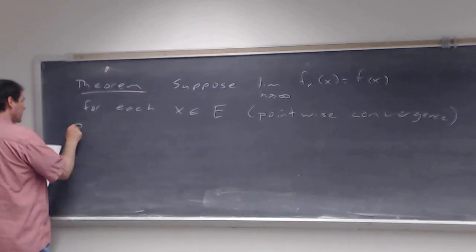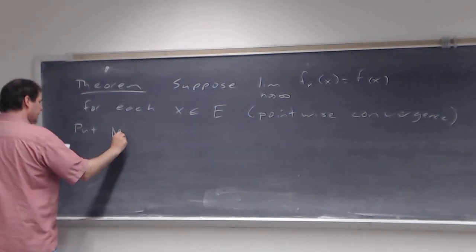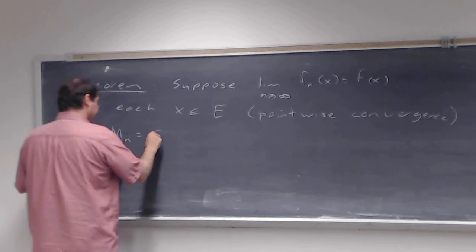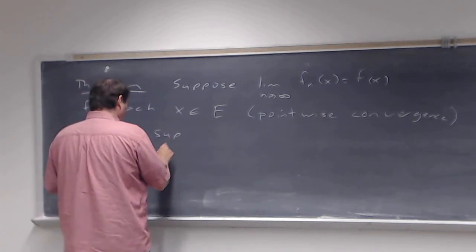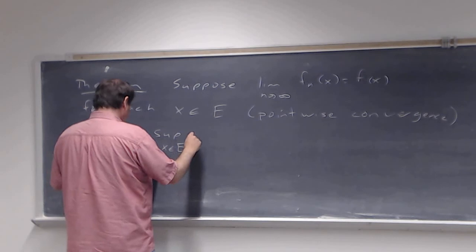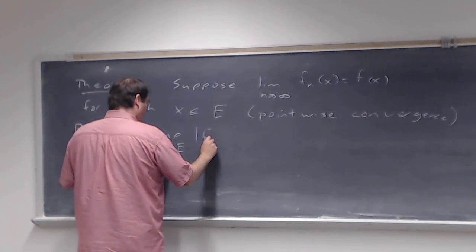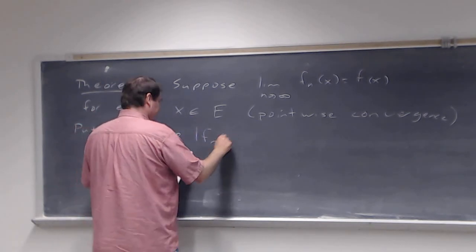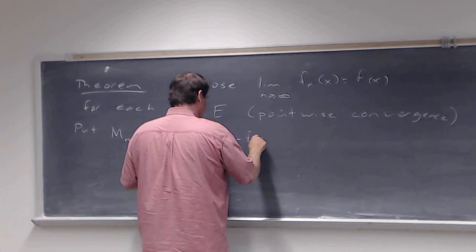And then we put big M sub n equal to the sup over all the x's in E of the norm of f sub n of x minus f of x.